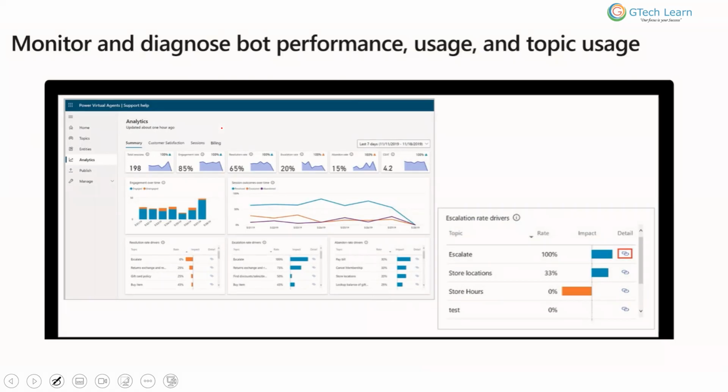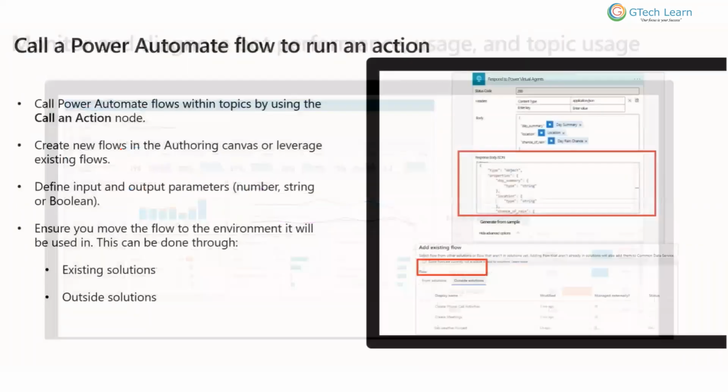We can call it the bot performance area, where I can get the full analytics, like how many calls have been made so far, how many calls we have responded to successfully, on how many calls we got errors, what kind of errors we got, how many users are working on it, what types of topics can be accessed by the users, and lots of other answers. So we can get all those things from the analytics portion of my Power Virtual Agent.